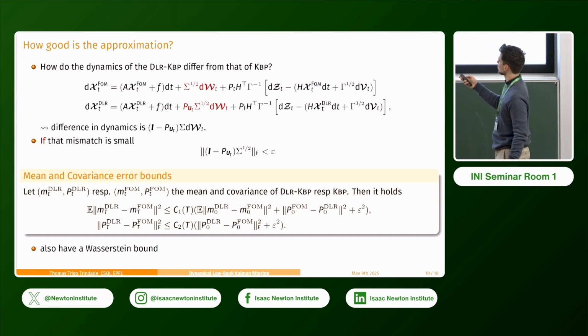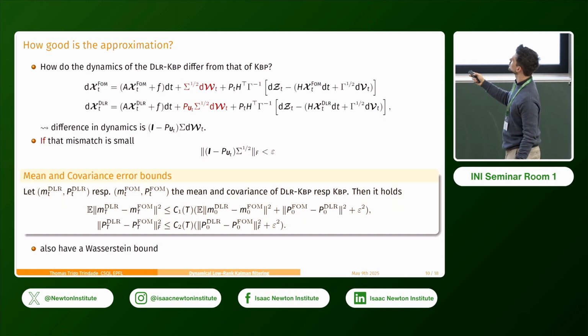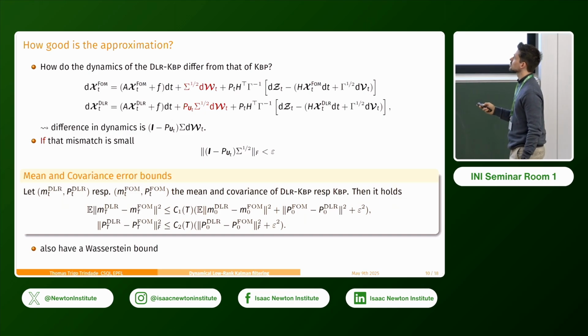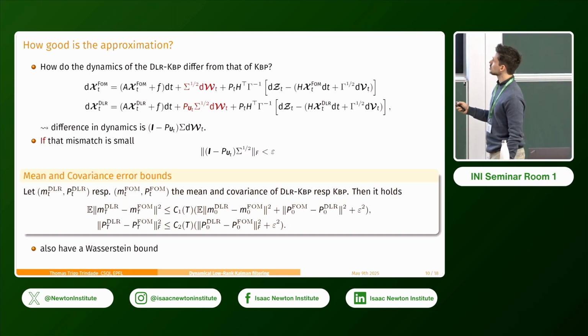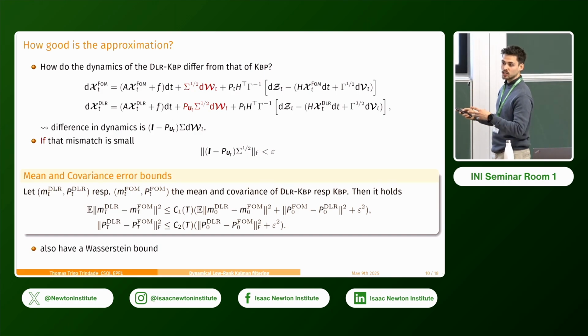And then you can see that it really boils down to this term here in the middle being different, which is the model noise. So here you have the original one, and here you have PUT, which is the projection onto the range of the physical modes which evolve in time.